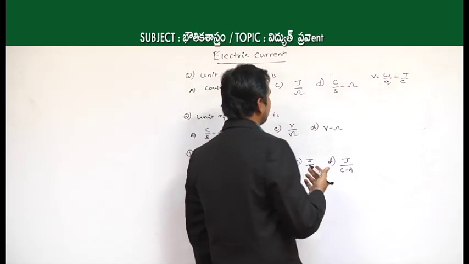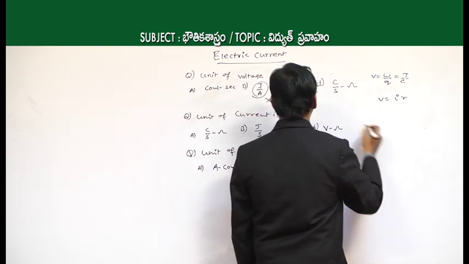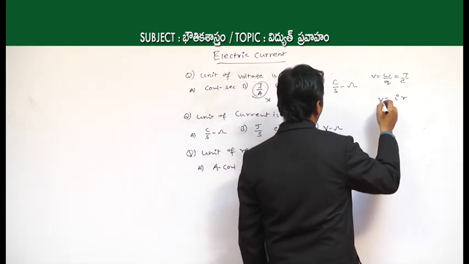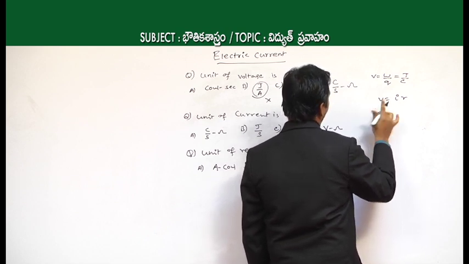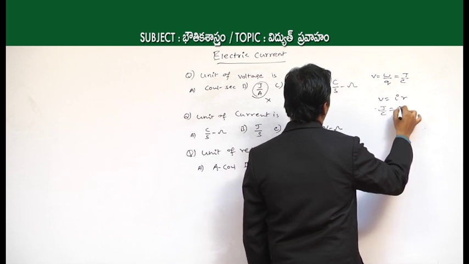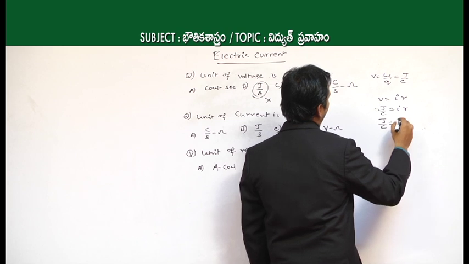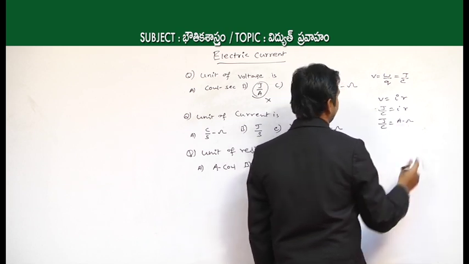If you take in terms of resistance, as V is equal to IR, with ohms given there, we can write V as W by Q, which is J by C, equal to IR, where the current is in amperes and resistance is in ohms.